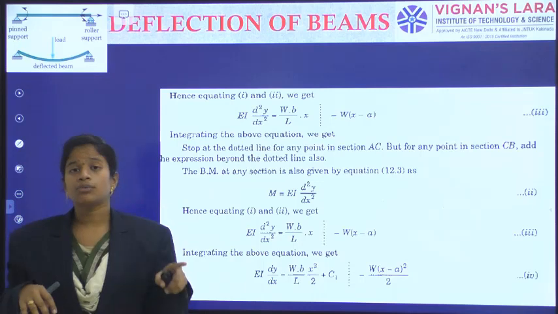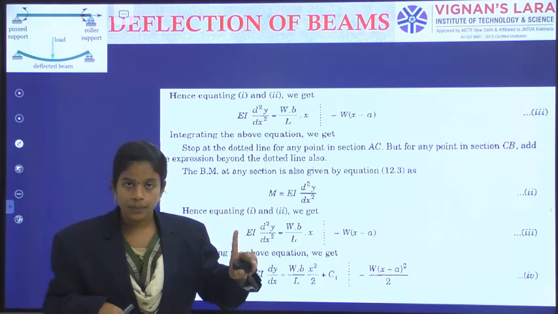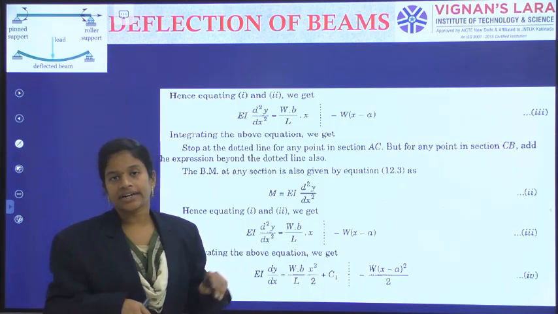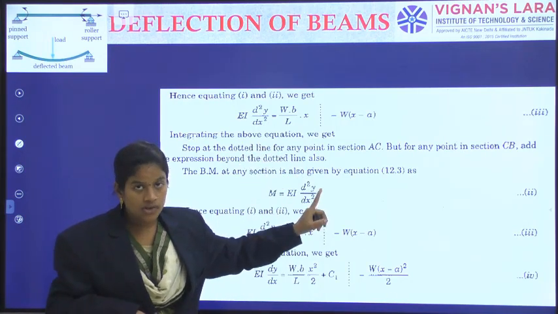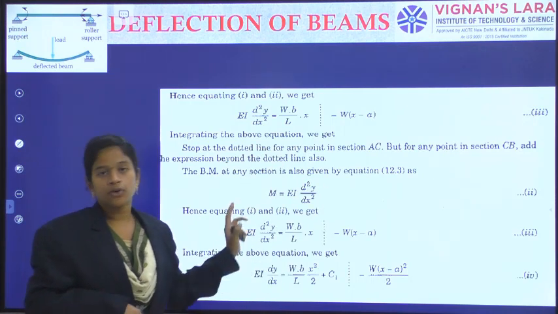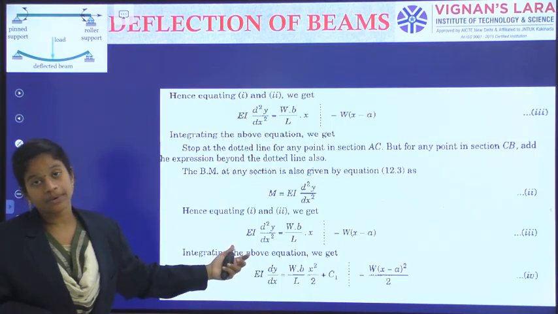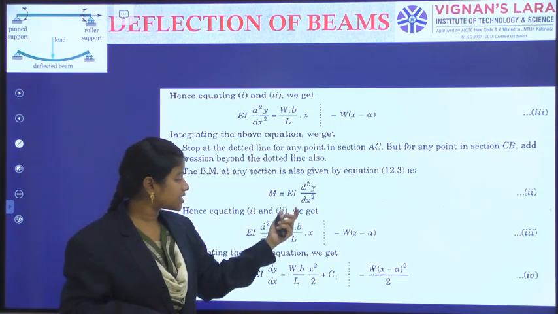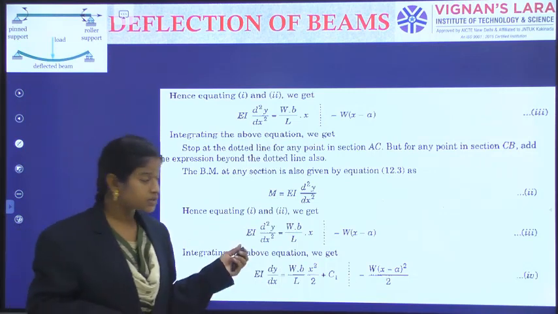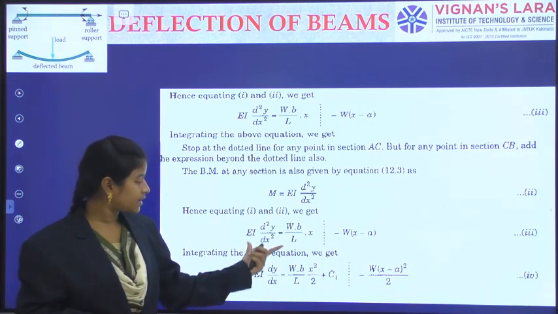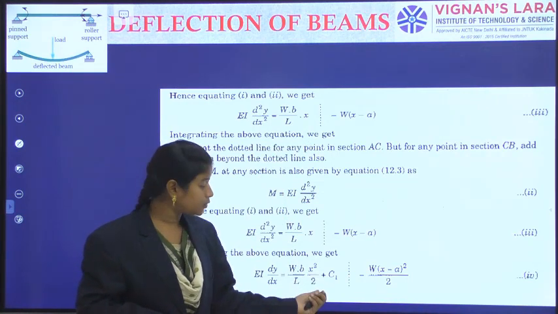But remember one more thing: when integrating, the integration constant should be added before the dotted line, in the first equation itself. So the first integration gives EI dy by dx equal to Wb by L into x square by 2 plus C1.